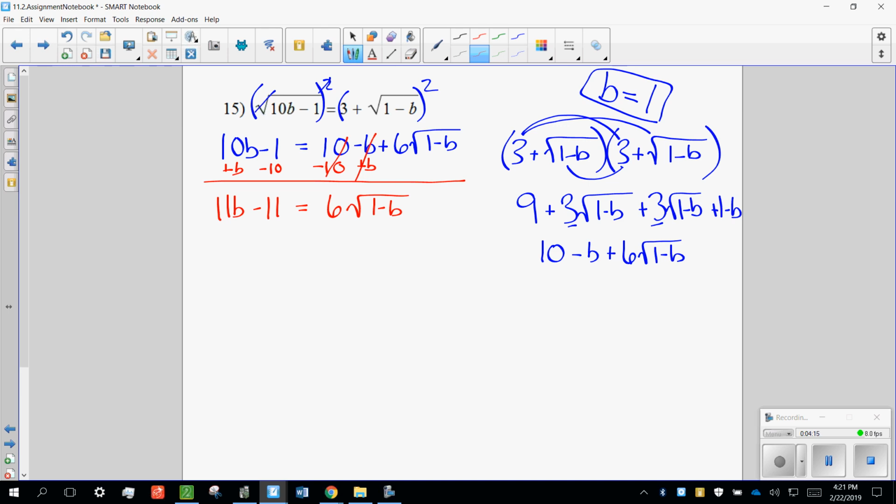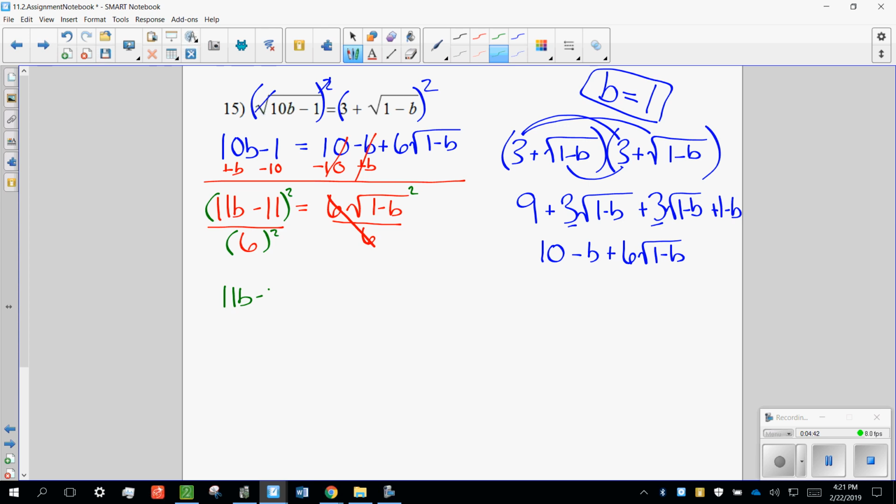Alright, at this point, if you want, you can divide by 6. Probably the safest thing to do here. And then we're ready to square both sides because now we have the square root by itself. So let's square this side. When we square both sides, I would recommend squaring the numerator and the denominator separately. And I'll show you why here in just a second.